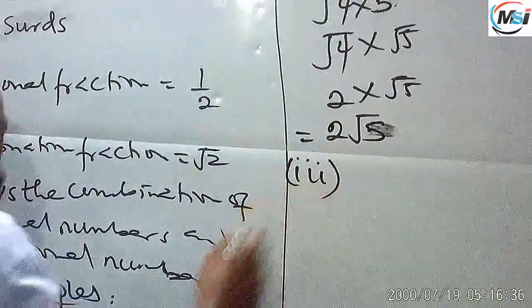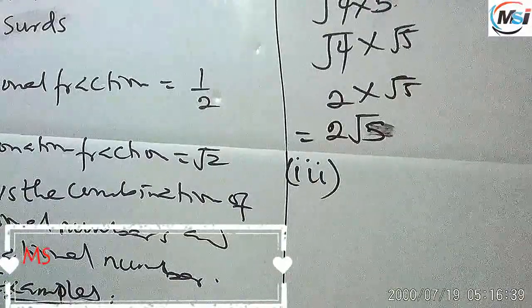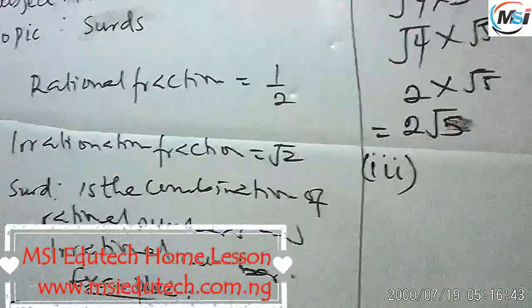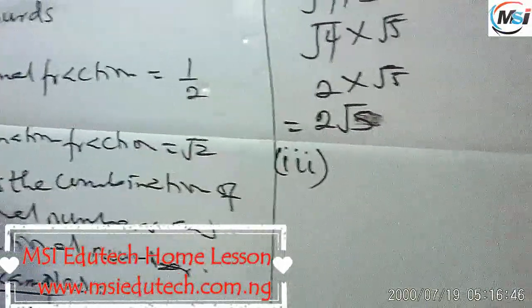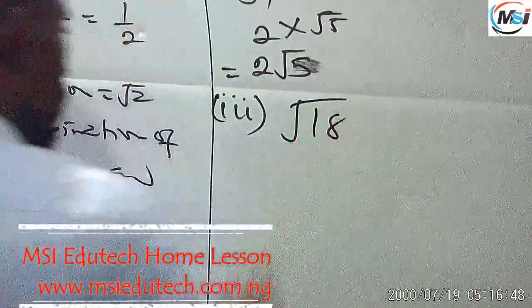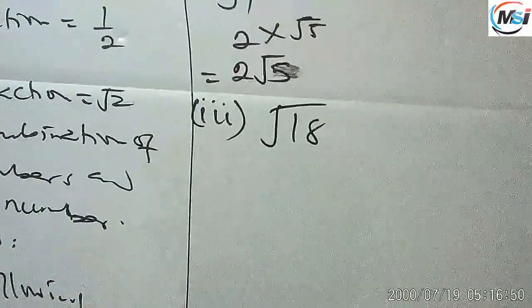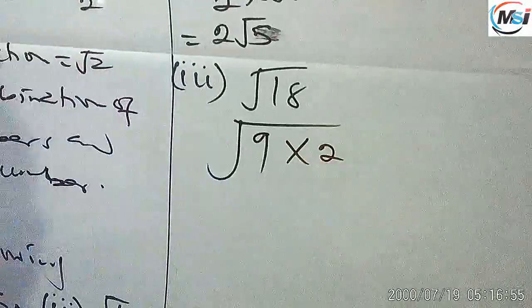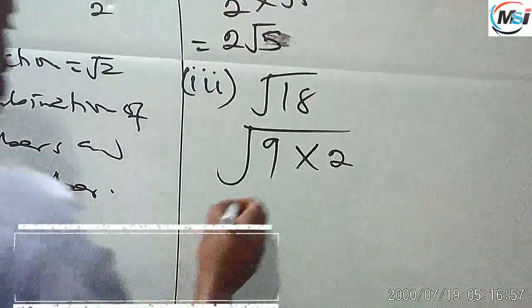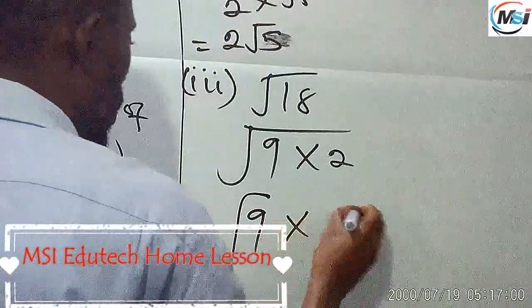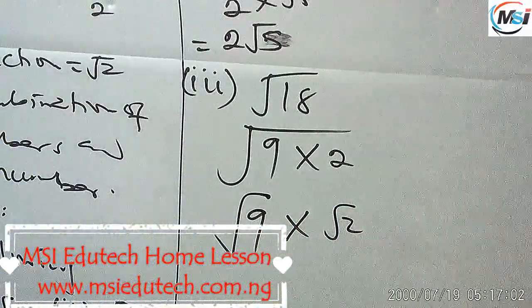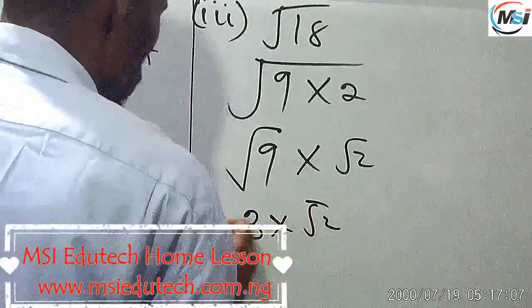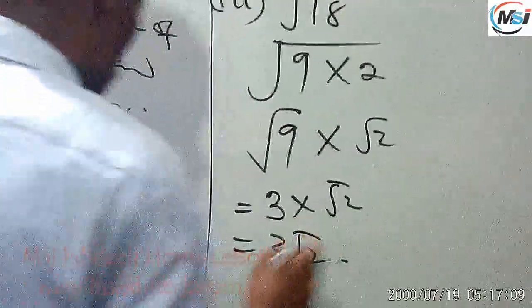Let's consider Roman figure 3. I believe you are following me because it's just a revision for those in a higher grade, grade 12. So let's consider √18. √18 can be simplified to √9 times √2. One is rational and one is irrational. √9 will give you 3 times √2, which is equal to 3√2.